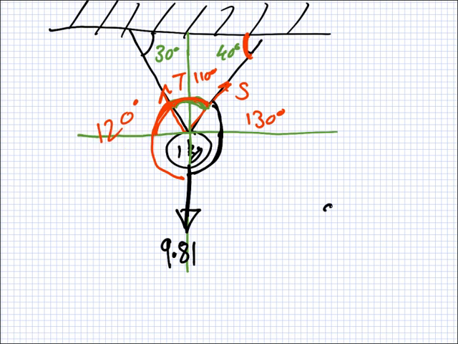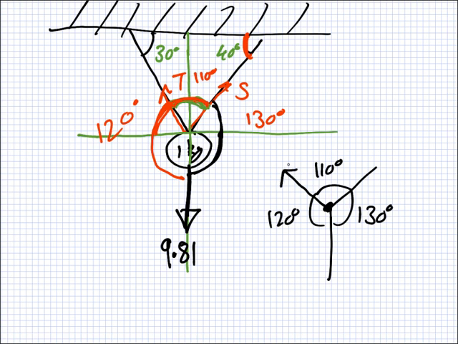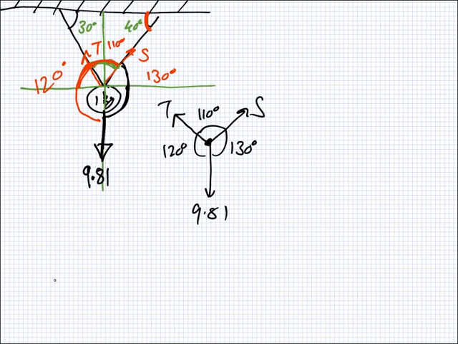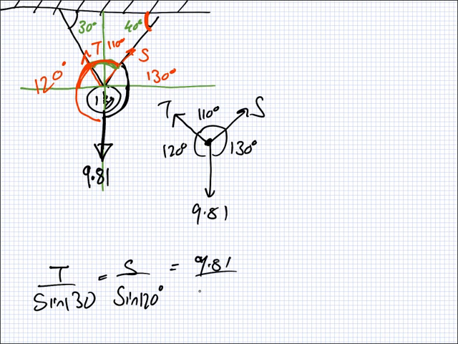So if you were to draw this little picture here, this is exactly what you have: 110, 130, 120, and T, S, 9.81. Lami said that T over sine 130 equals S over sine 120 equals 9.81 over sine 110.